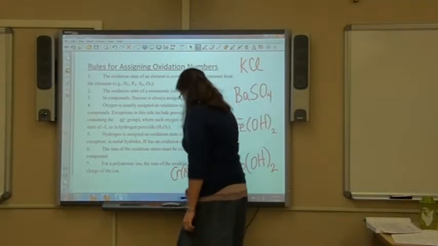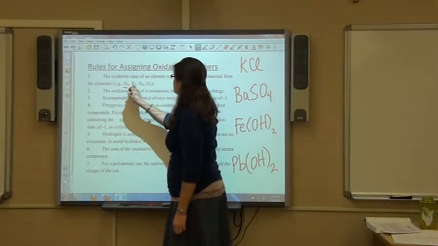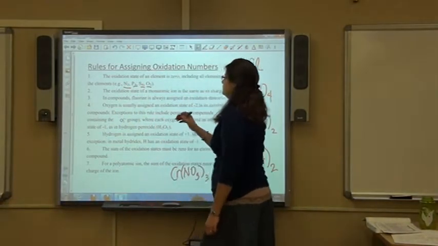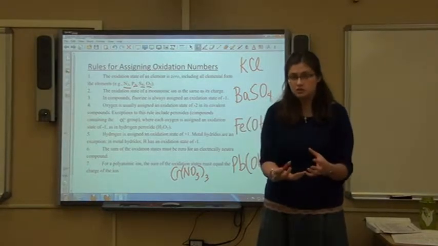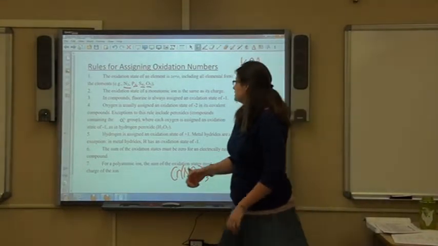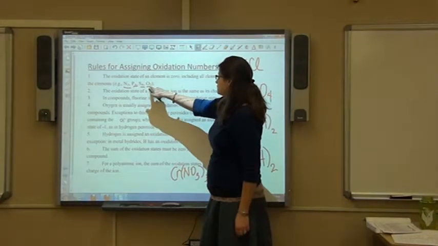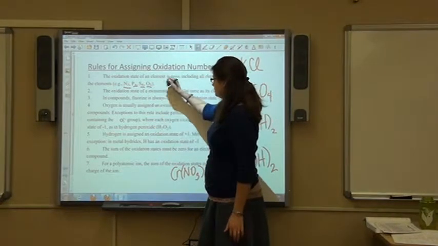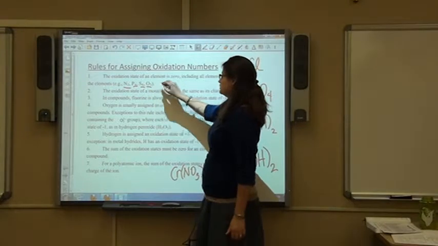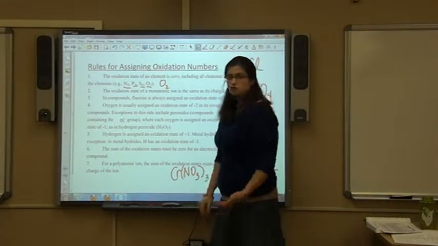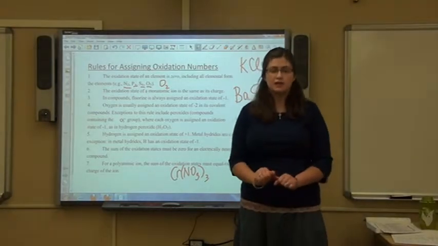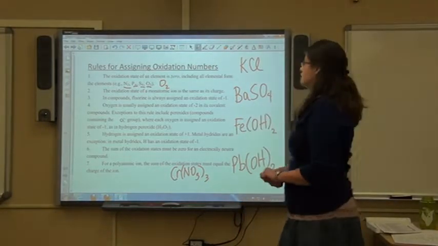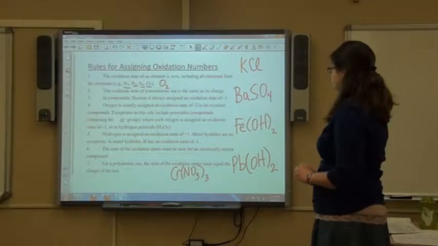No matter what number is shown in that element's composition, the oxidation number is always 0. O3 is ozone, and it has an oxidation number of 0. Just like O2, oxygen, also has an oxidation number of 0 because it is in elemental form. That's all number 1 is saying.